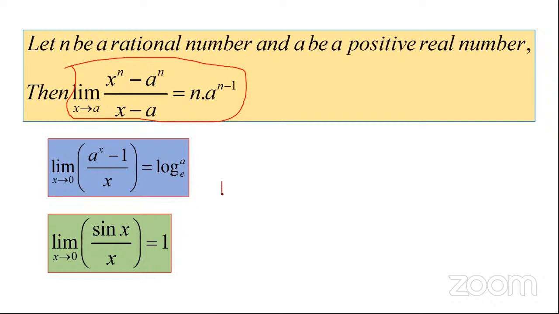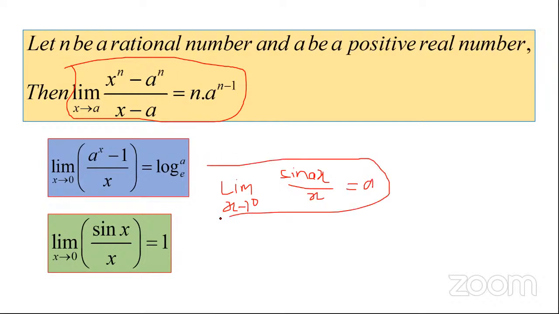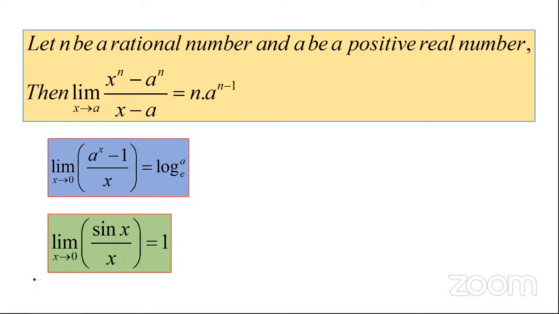This is another formula, and the other formula is the limit as x tends to 0 of sin(ax)/x equals a. We can use this formula in the problems. These are important; if I substitute a = 1 there, I will get 1, otherwise we get a. These are important formulas. Next we have to go to problems now.